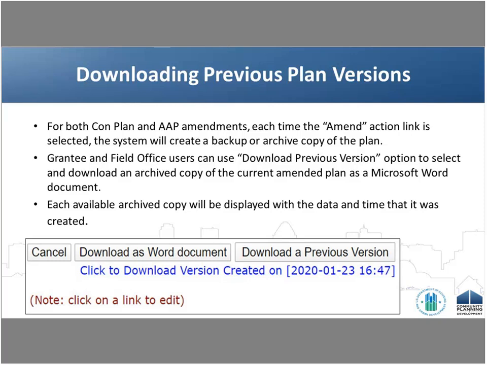In the previous way of creating amendments, you would have to copy a previous plan, and then the system would essentially create a whole new plan for that amendment. Now you can just reopen the original plan and make your changes to it. So you're having one plan for one program year, and you're not going to have a convoluted screen of multiple plans for the same program year.